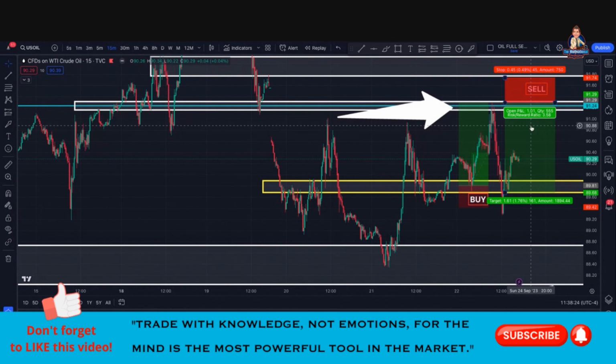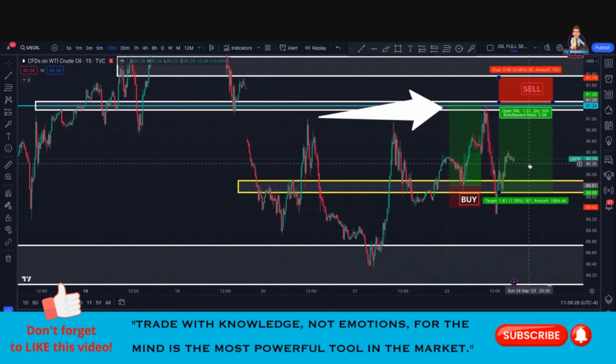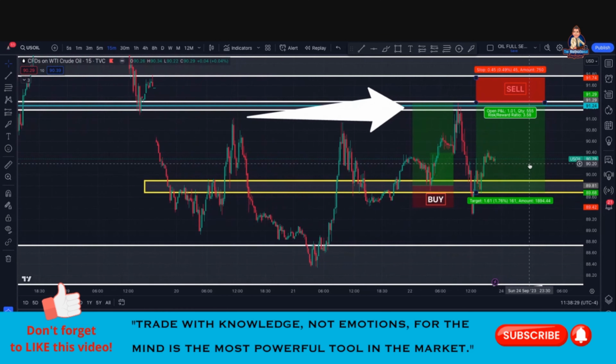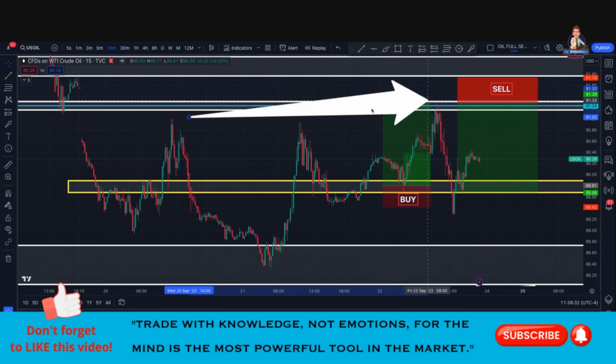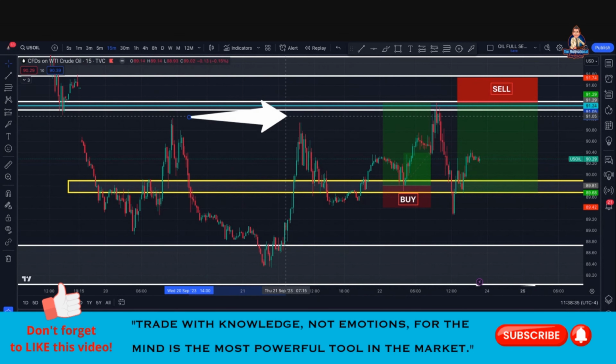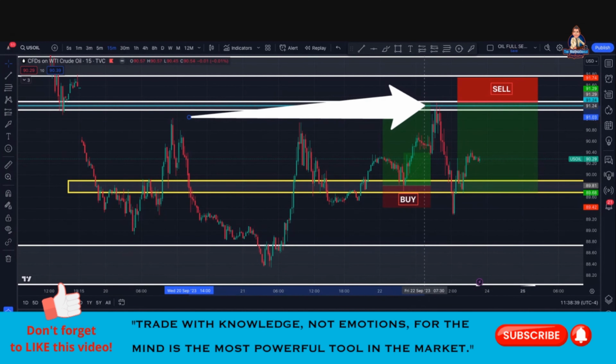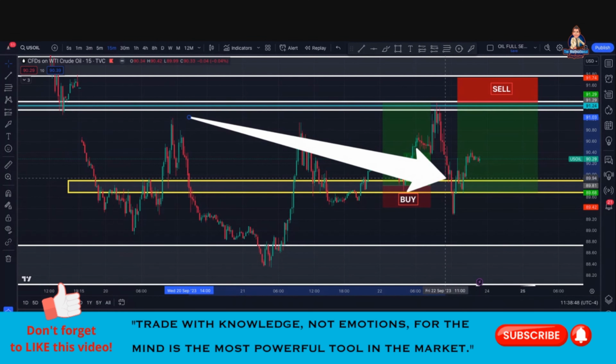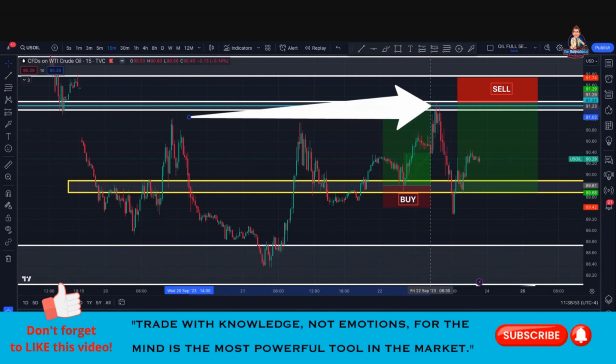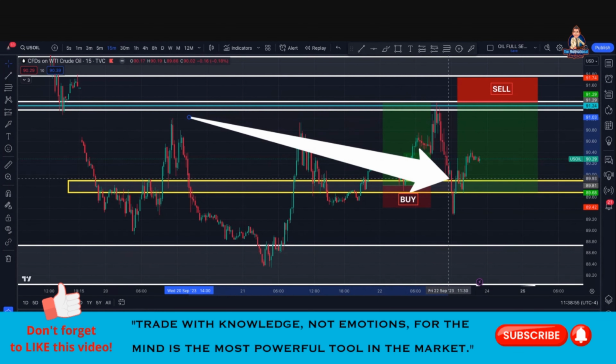Again, this was a 3.58 reward to risk. Price came right back up to our zone, which took out the highs from the previous sessions, and rejected it once, twice, three, four times in a 15-minute cycle. It rejected it for over an hour, and then price just melted right back down to our next zone. So we bought from the zone, and then we sold back to the zone.